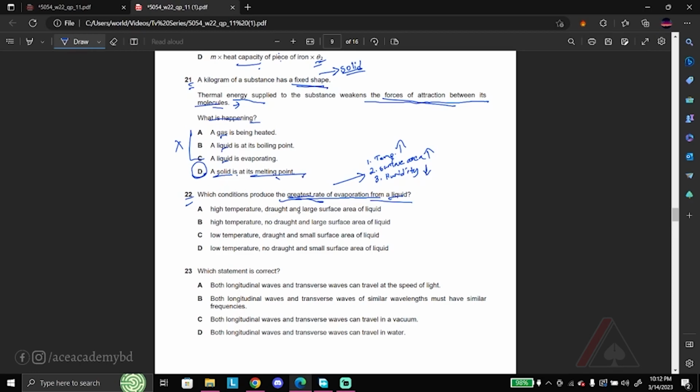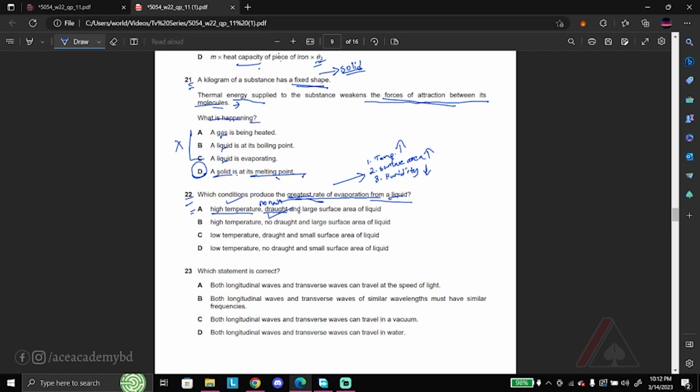So let's consider the options now. A says high temperature. Yes, we need that. And also it's drought. Drought means the lack of rainfall, so there will be no rain. From the evaporation of rain water molecules, the humidity usually increases, but since it says drought, there is no rain. As a result, the humidity will be less.